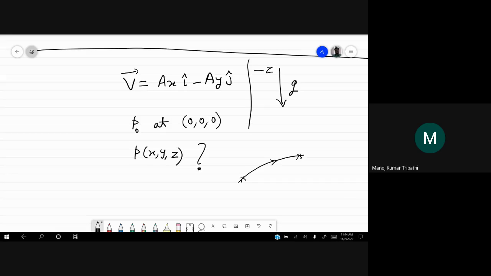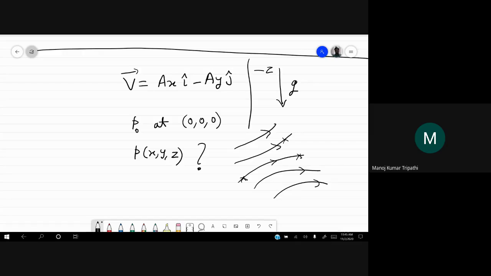So for this given velocity field, for any other streamline, using this pressure, it may not give you the pressure at any other point. Because if the other point lies on some other streamline, then Bernoulli equation won't be able to give you that.